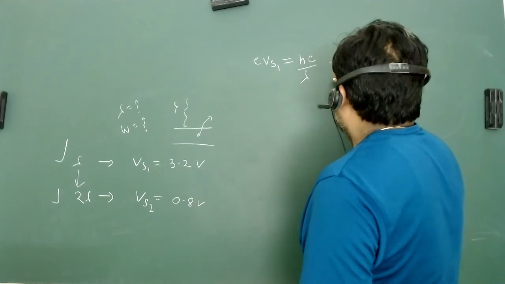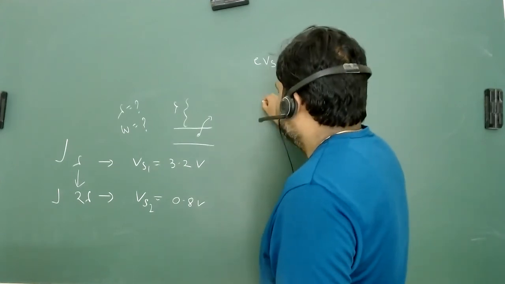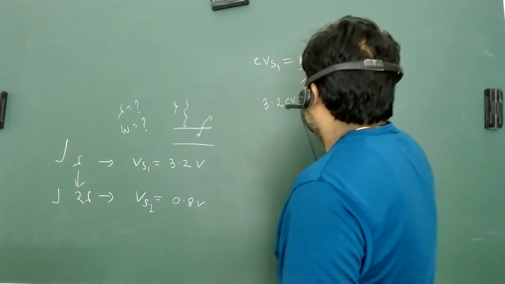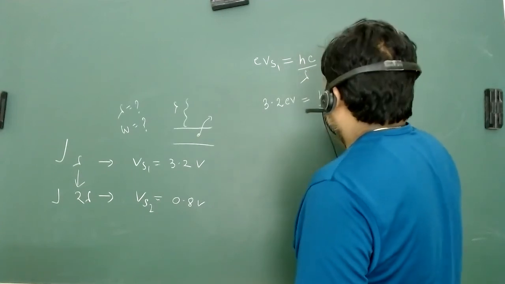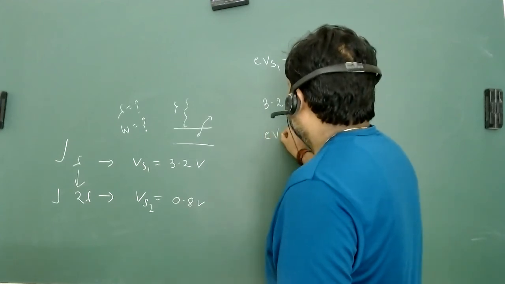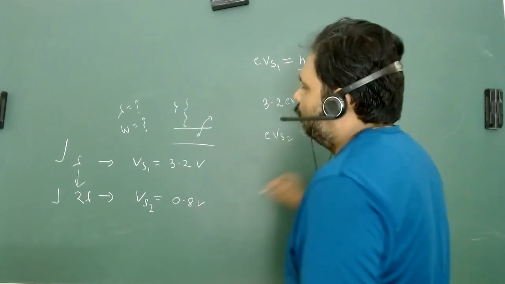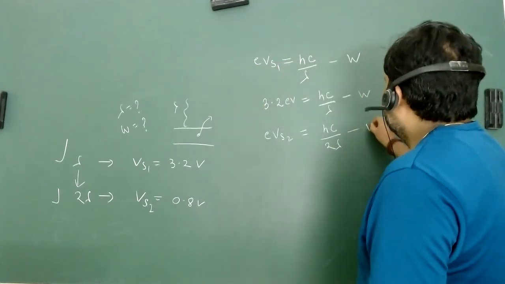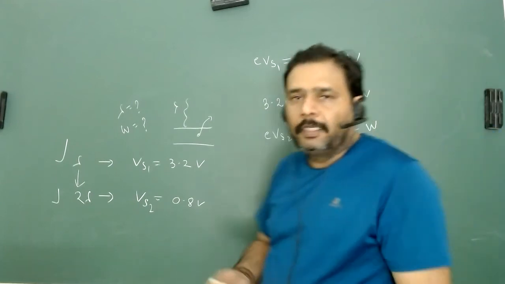e Vs1 is equal to hc upon lambda minus W, so this equation can be written as 3.2 electron volt is equal to hc upon lambda minus W. The second equation is e Vs2 is equal to hc upon 2 lambda, because lambda is changed to its double value, minus W. For the given metal the work function will remain the same, so there is no problem.